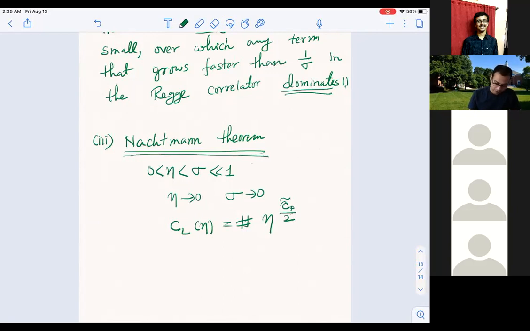And finally, let me make one more comment. Even though I derived everything for a single scalar operator, you can easily generalize this for multiple scalar operators or even for spinning operators.